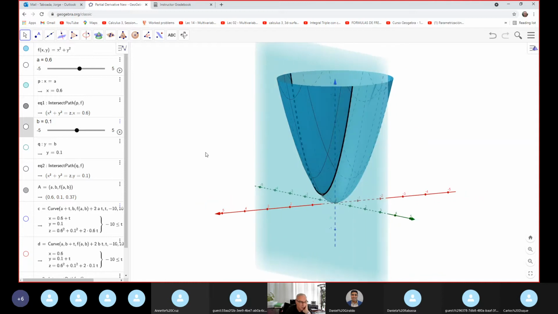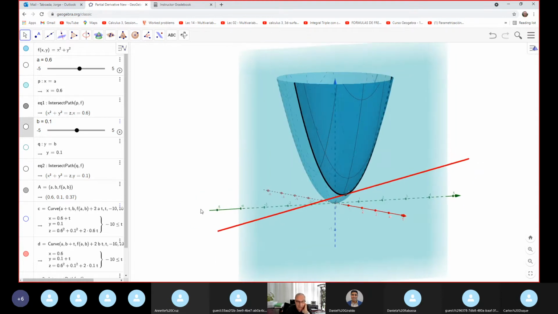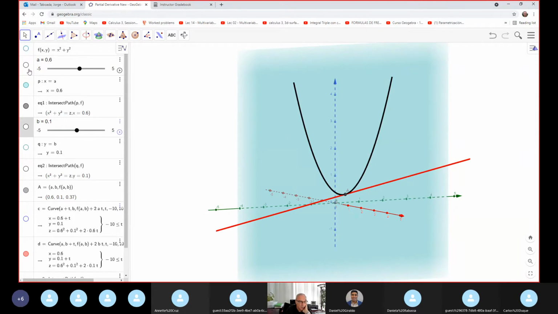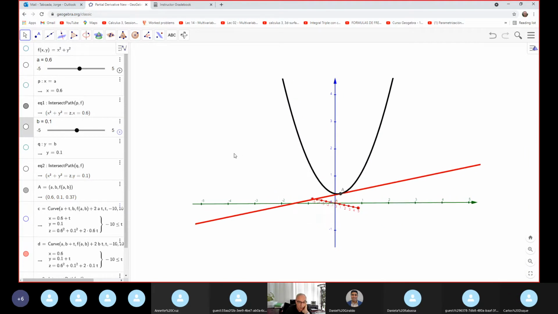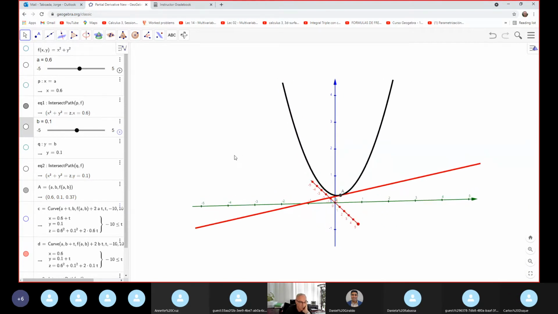Now I plot, let me see if this or no. Oh no, it's the other one. Okay, and now you plot the tangent line. Look, the tangent line. Let me remove the paraboloid. Let me remove the plane. In that moment, we have a problem of calculus 1.